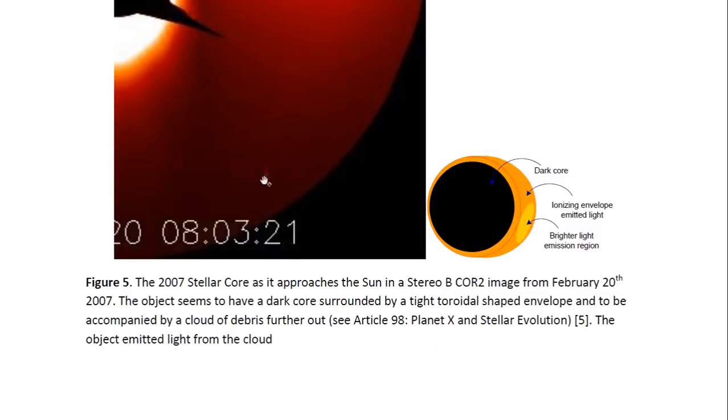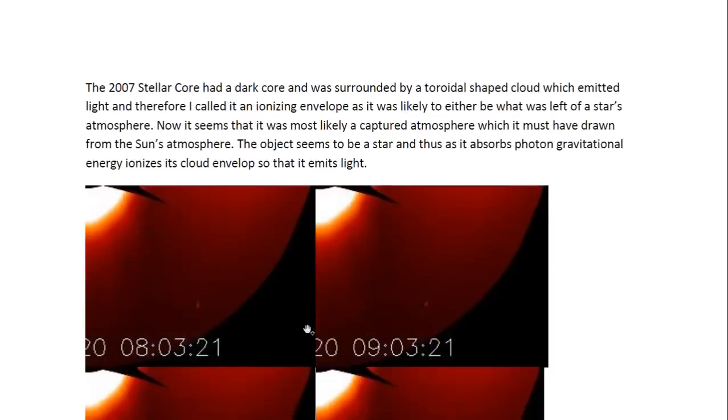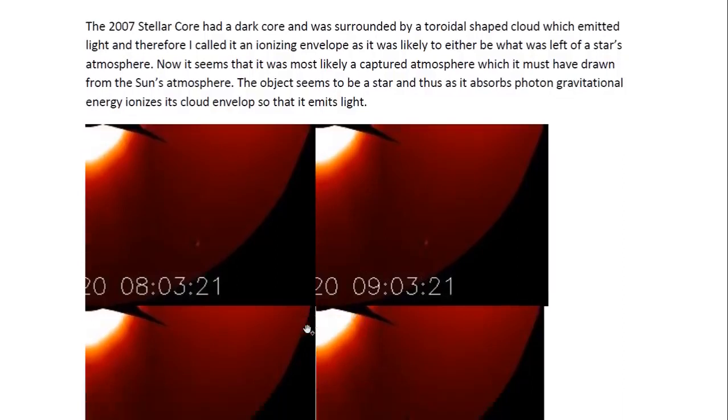So this object also had this cloud-like structure around it. It also seemed to have a debris field that seemed to be visible further out from the object. So the 2007 stellar core had a dark core and was surrounded by a toroidal-shaped cloud which emitted light.